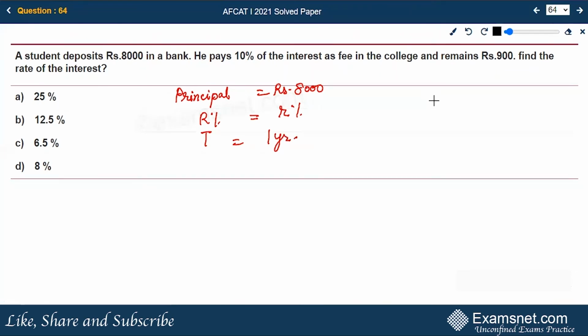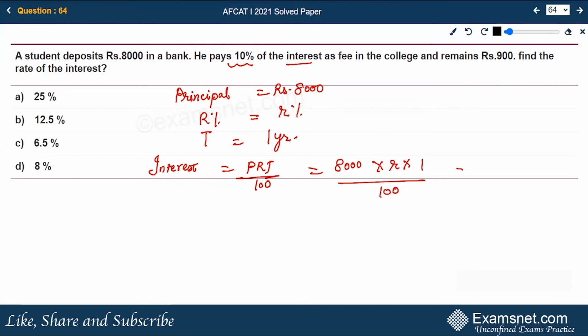Now he says he pays 10% of the interest. So let's calculate the interest first. Interest is PRT upon 100. Principal is 8,000. Rate, I don't know. Time is 1 year. So 8,000 upon 100 makes it 80R. So the interest is 80R. Now he says he pays 10% of the interest as fee.